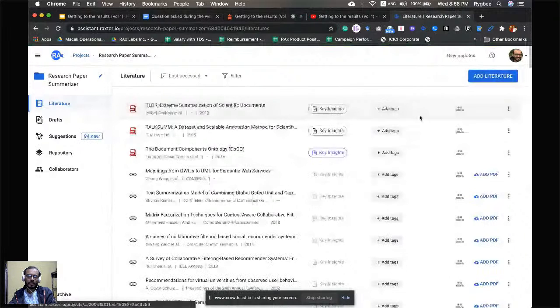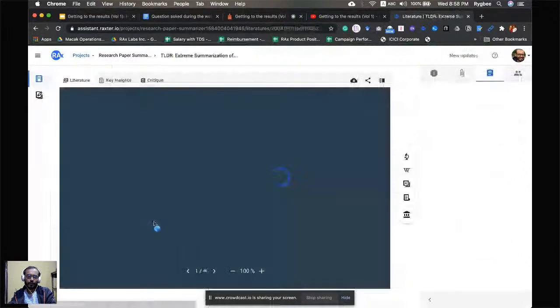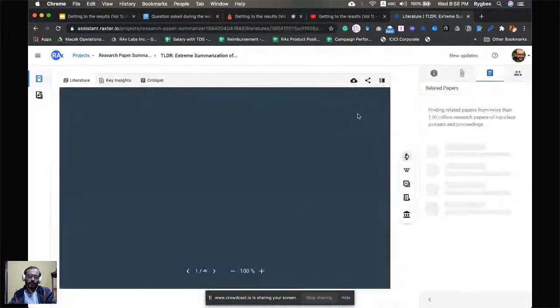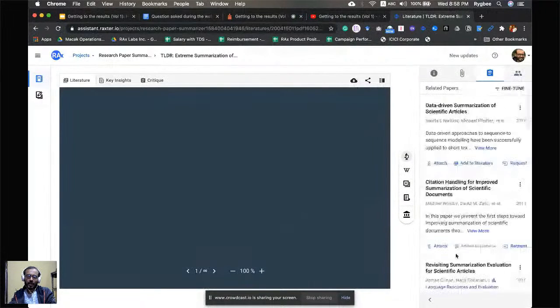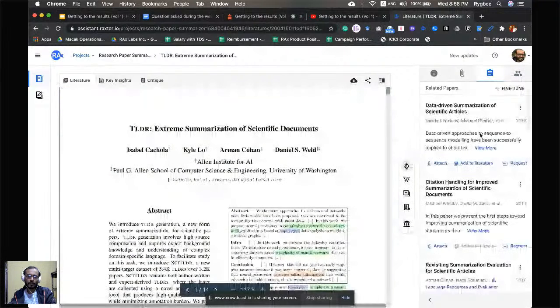Let's say that I just look into this one paper, so I click on the paper, I enter my reading room, and the moment I enter my reading room, on the left-hand side, Rax is trying to dig out all the papers that are related to the main theme of this paper, right?